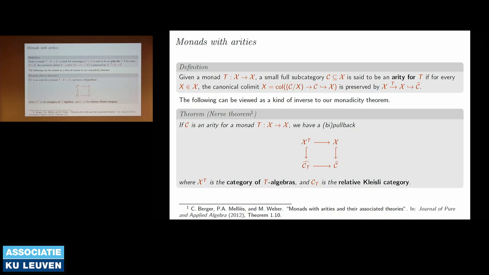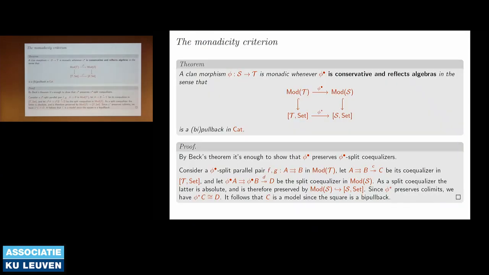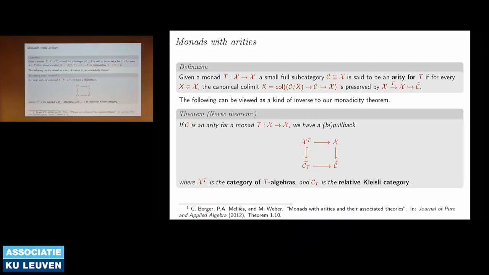This theorem is due to Berger, Melliès, and Weber in their paper about monads with arities. And so it's really very close. Here we have covariant functor categories at the bottom, here we have presheaf categories, but that's just convention, which way around you take your, yes?